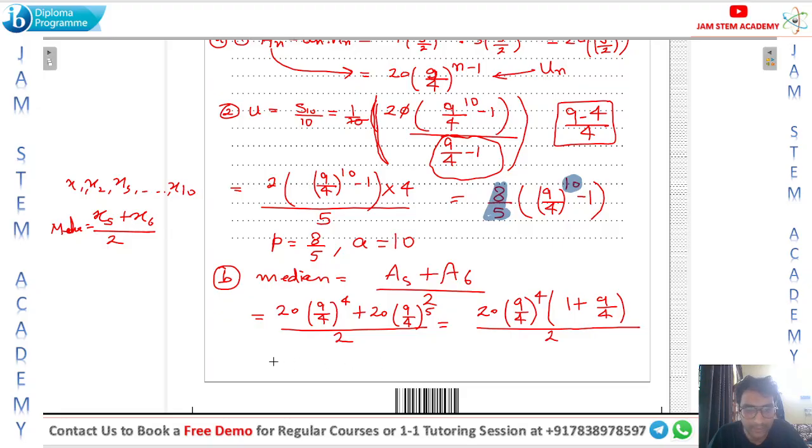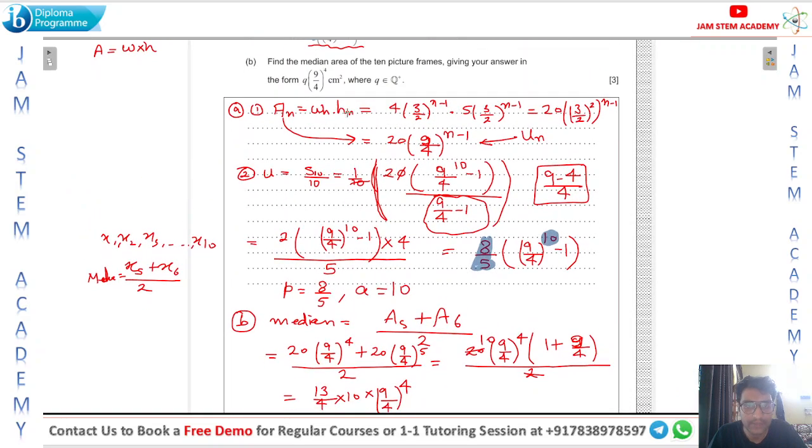Simplify it further. Cancel this out, it will become 10 times that. And on simplifying this bracket part, it will become 13 by 4. So 13 by 4 times 10 times 9 by 4 whole raised to the power 4. Now you can compare it with the given expression.